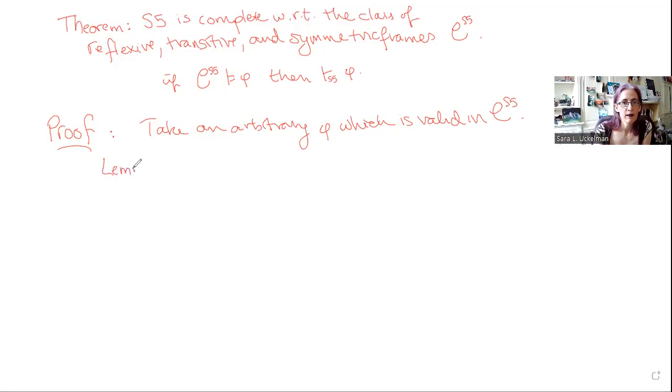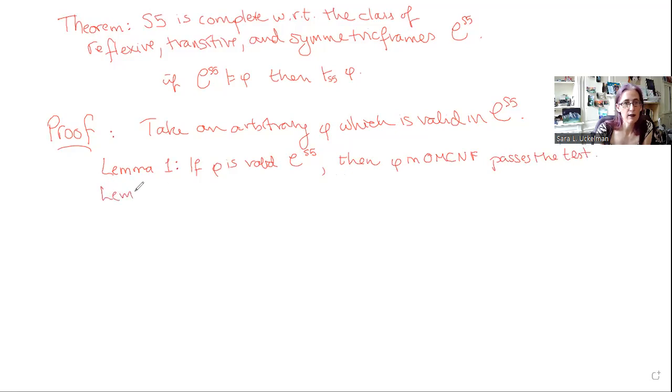Then we had our first lemma that we proved 2 videos ago, which says that if phi is valid in the class of reflexive, transitive, and symmetric frames, then phi in ordered modal conjunctive normal form passes the test.